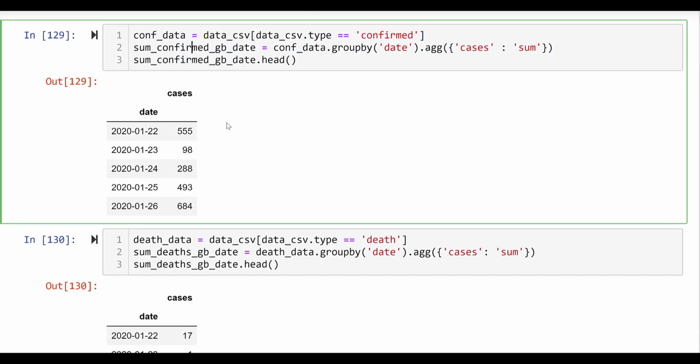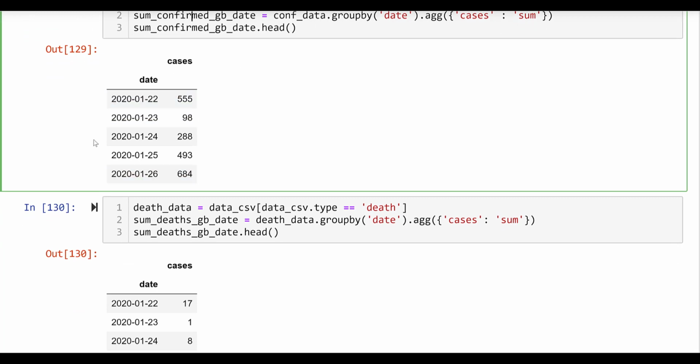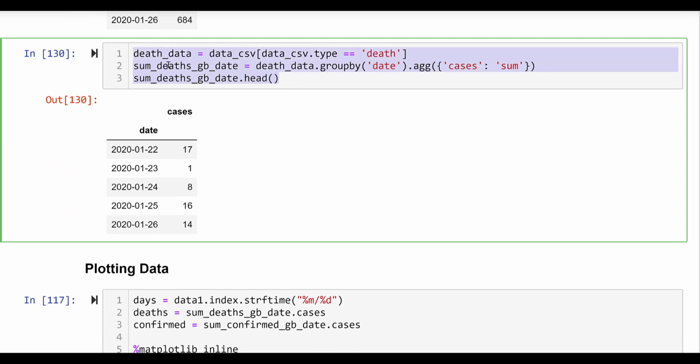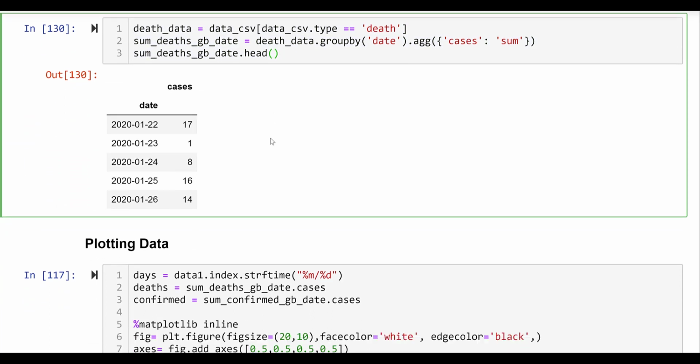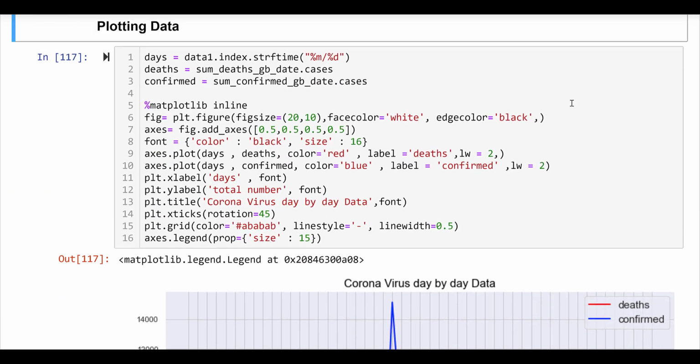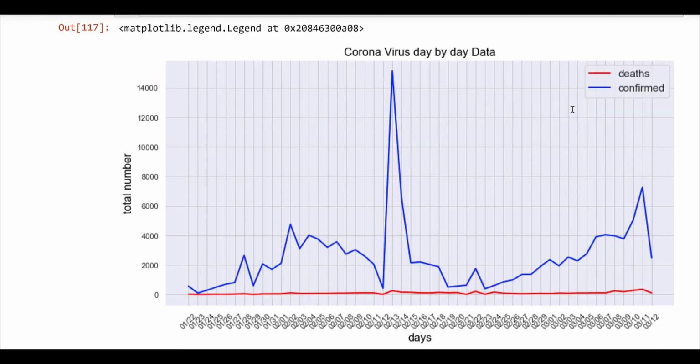And this is the data frame related to this information. And also you can find the number of death cases grouped by the date here. And here you can see I have the information I need. And then if I plot this data, here you can see the plot that we have.